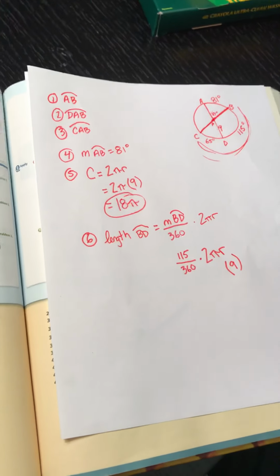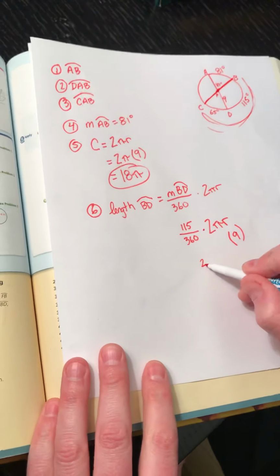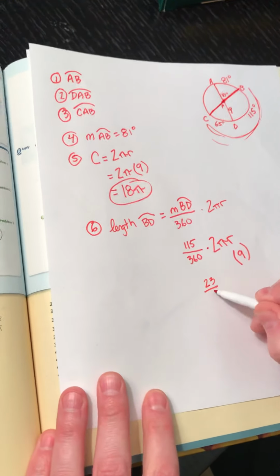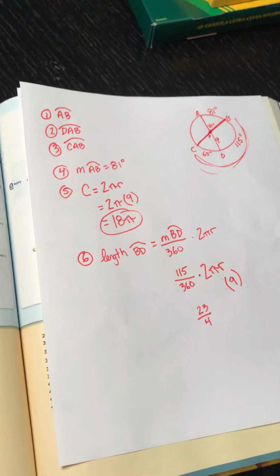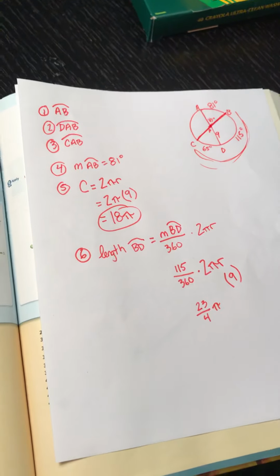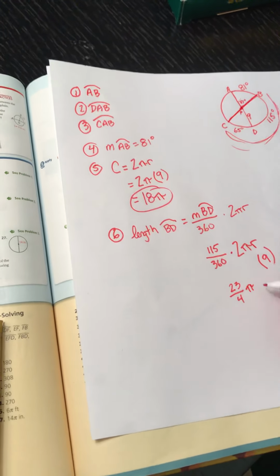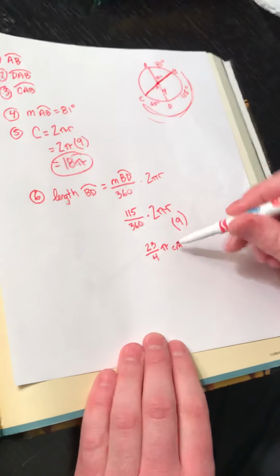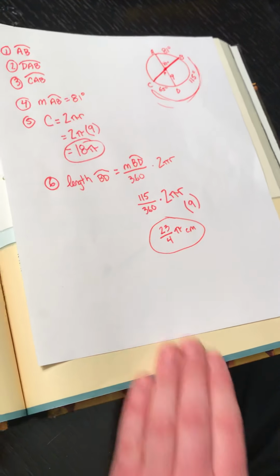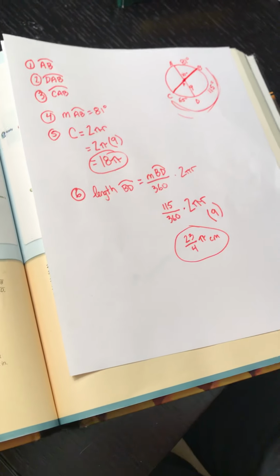So I think this is 23 over 4 pi. I think that's what the answer is in centimeters. That's just after you do the reducing. So you will get weird answers for that. Hopefully that helps.